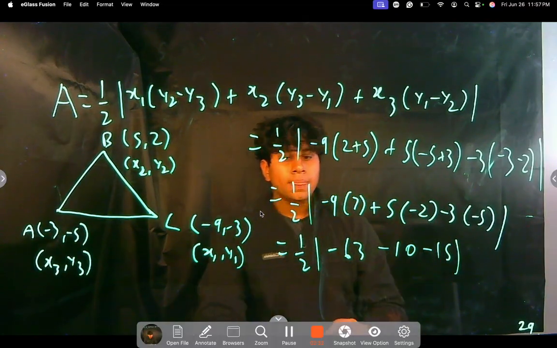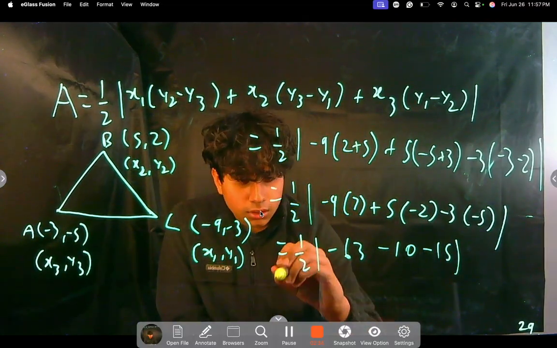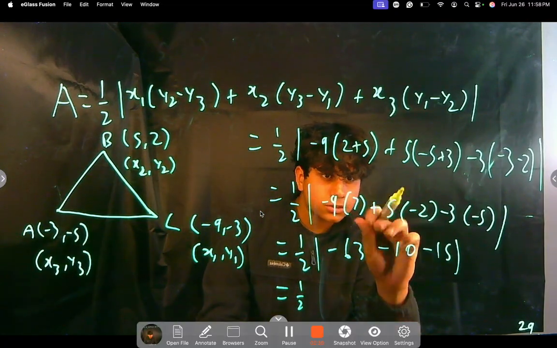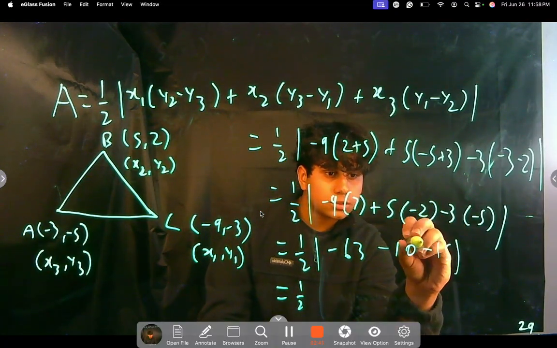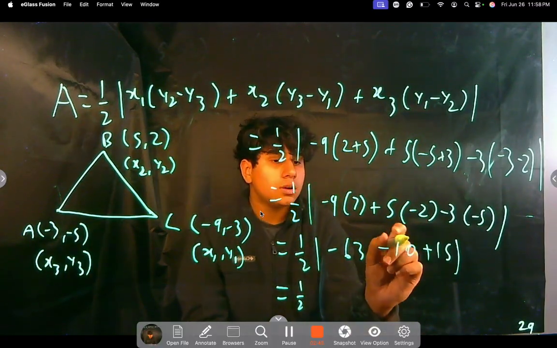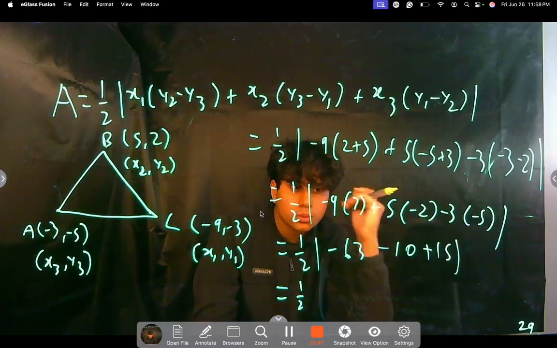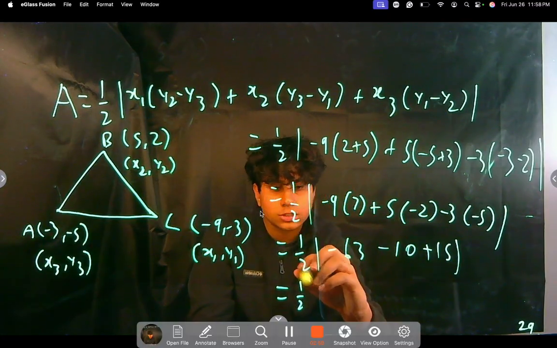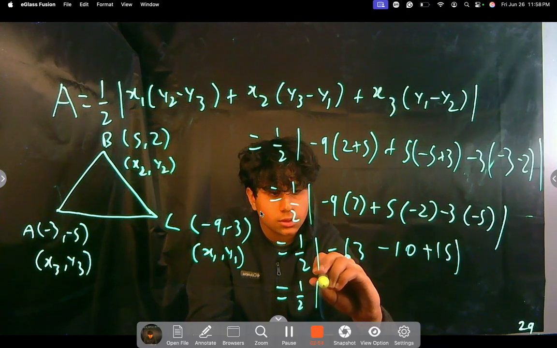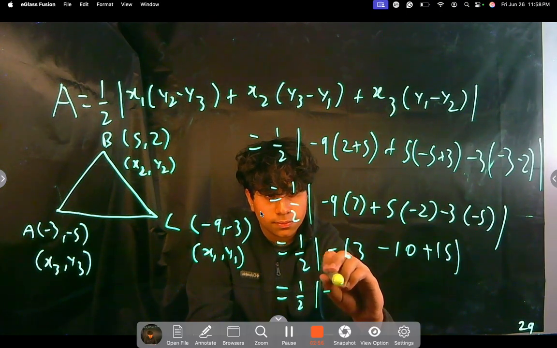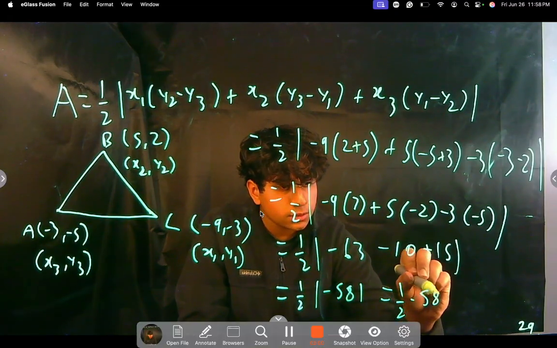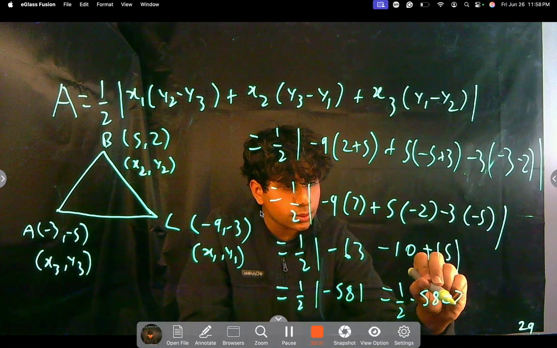Sorry, let me just make sure this is correct. This is plus 15, that's my bad. So then it's going to be the absolute value of -58. Yeah, that's correct. That's equal to 1/2 times 58, which is equal to 29, and 29 is our final area.